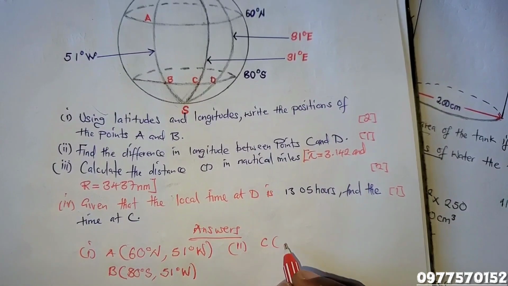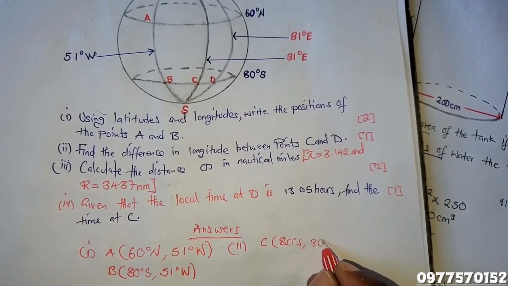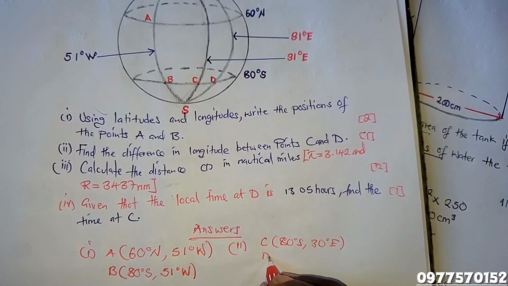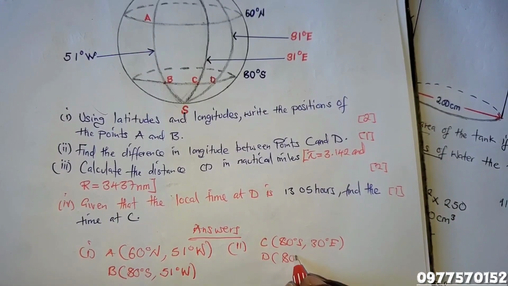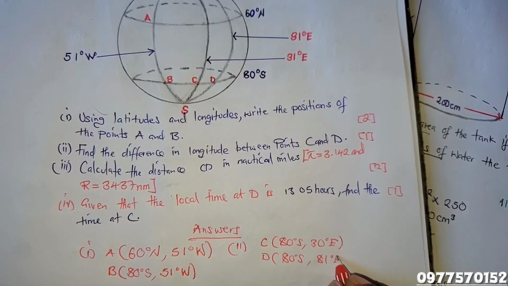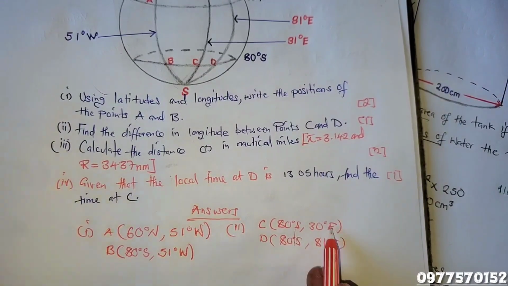The position of C is 80 degrees south, comma, 31 degrees east. Then D is on 80 degrees south, comma, 81 degrees east. Since they're on the same latitude, we're going to find the difference in longitude.